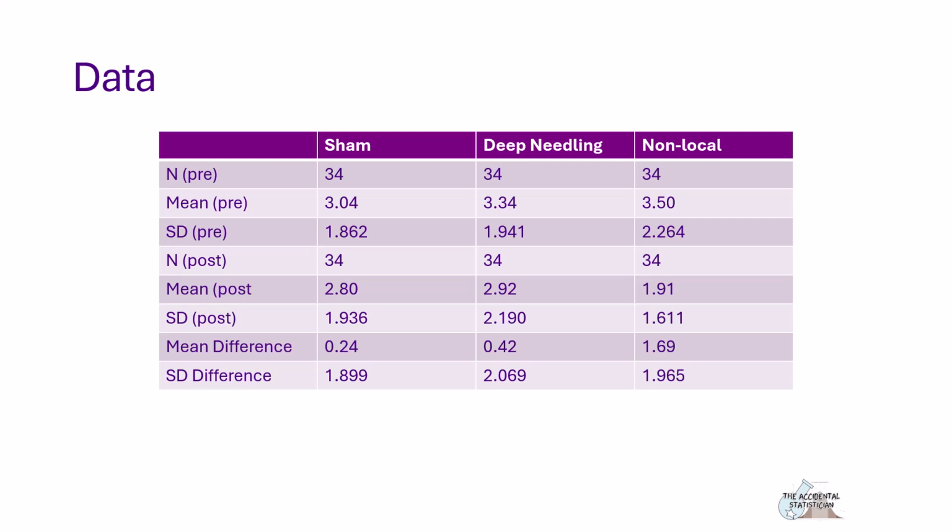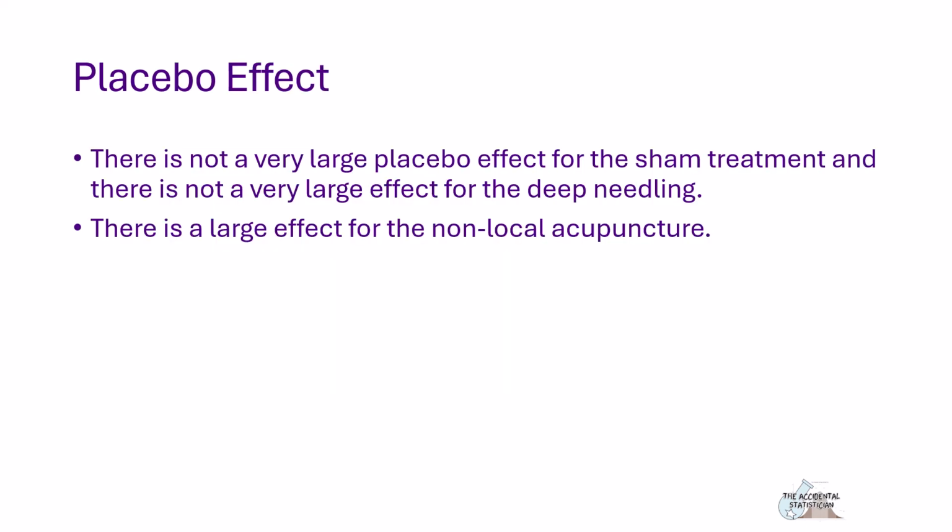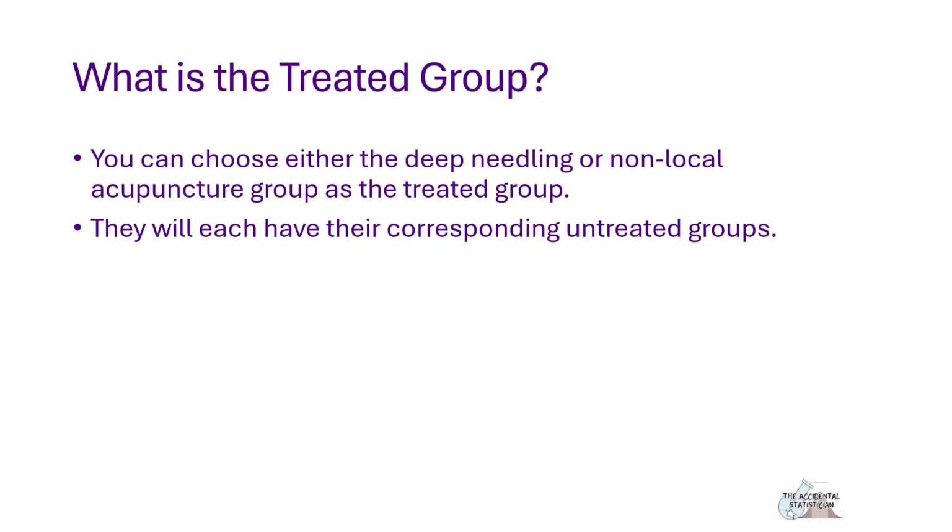So the treatment is deep needling, the control is sham, and the actual massive effect is in the non-local acupuncture, which is not a comparable result to the other studies. As it says here, it's difficult which is the treated group. We have to stick with the deep needling, and the untreated group.